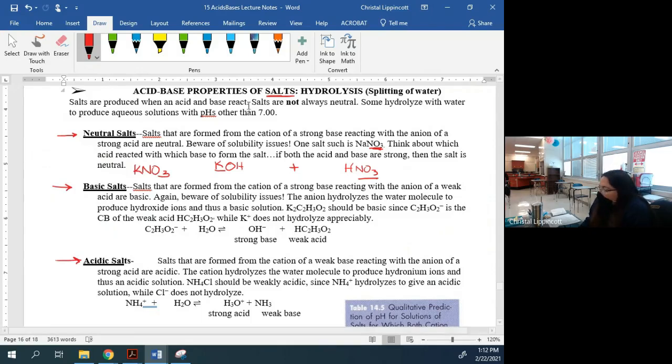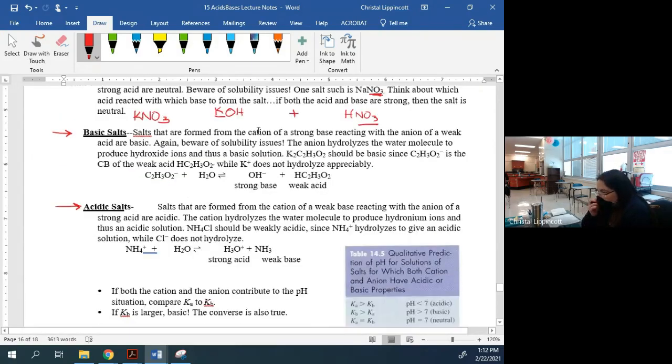Okay. So basic salts then come from something where the anion is going to end up making a weak acid. So you could have potassium acetate.